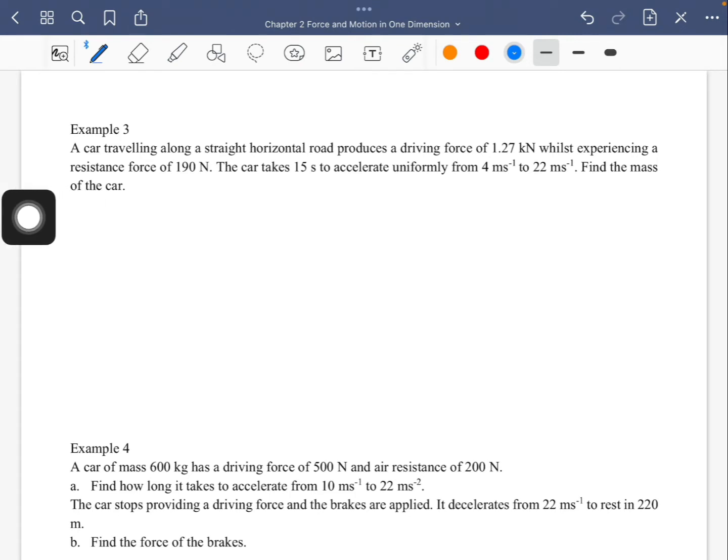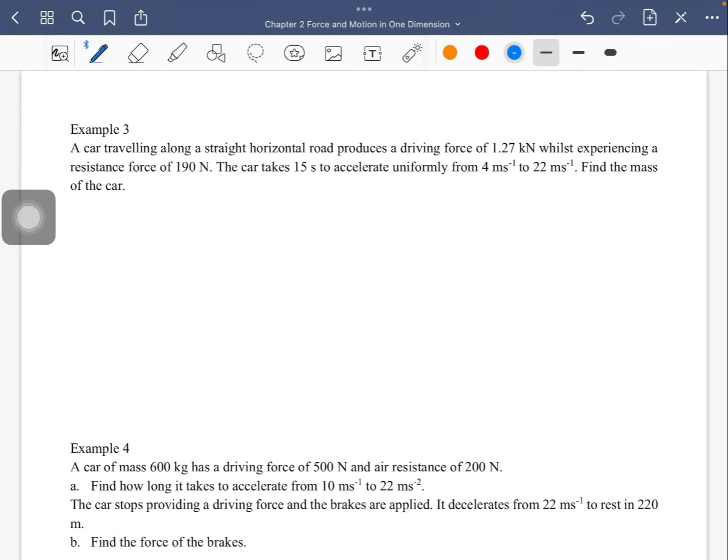So here I would like to suggest we draw a force diagram on the car, so that we will see what forces act on the car here, and also we need to know the direction of forces acting on the car.